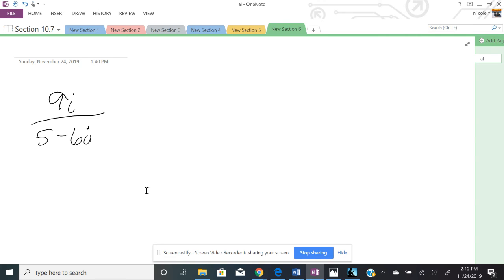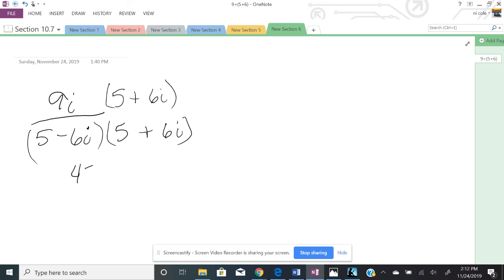We've done these again with radicals, and we do it the exact same. Remember, we're going to write 5 and 6i, but because that's a minus, I need to do a plus. So we've got to rationalize it. Okay, so 5 times 9i gives me 45i.